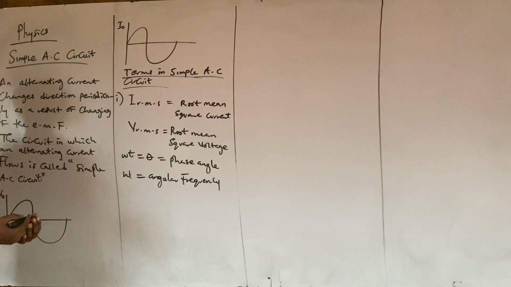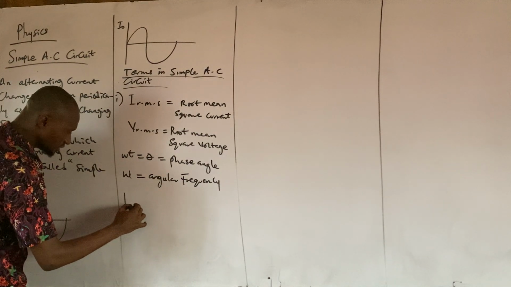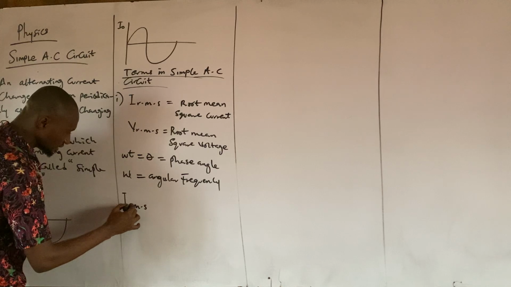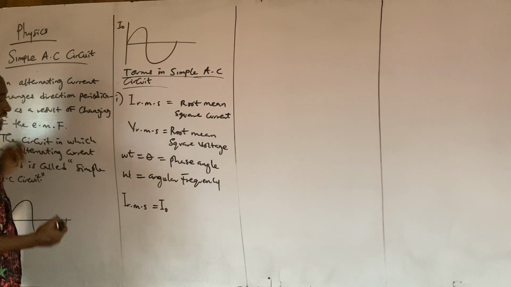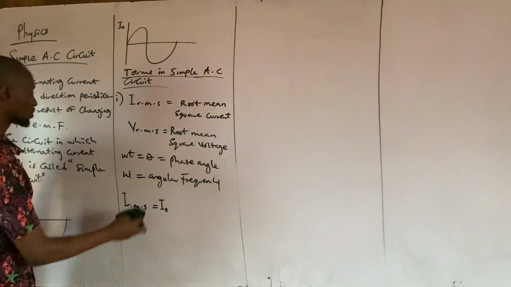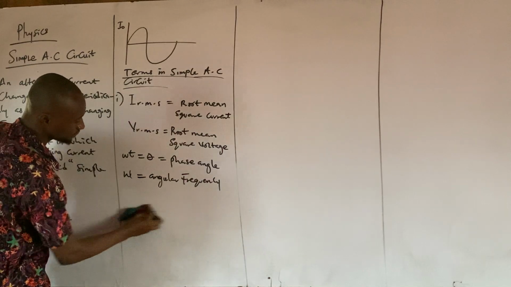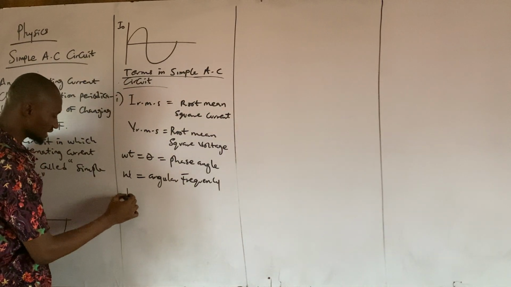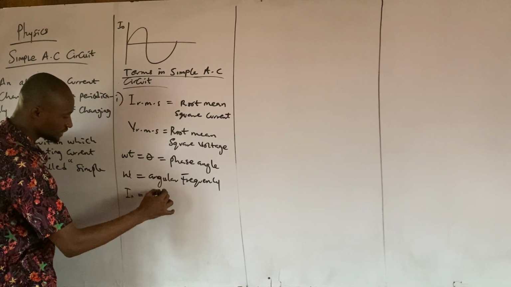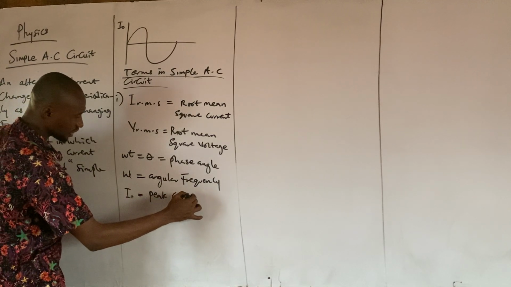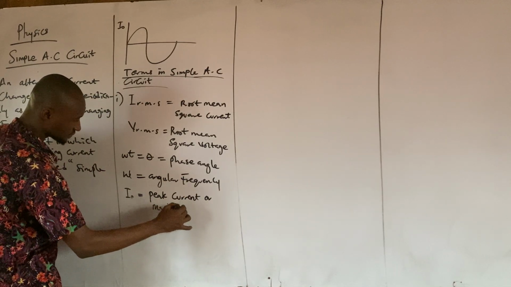Now, there are formulas you need to learn here. Formulas like root mean square is equal to IO. Again, before then, you need to also know what IO and VO is. IO is equal to what we call peak current or maximum current.